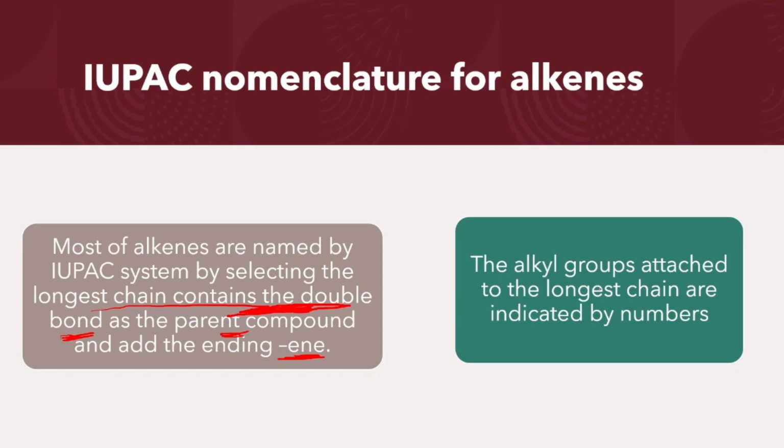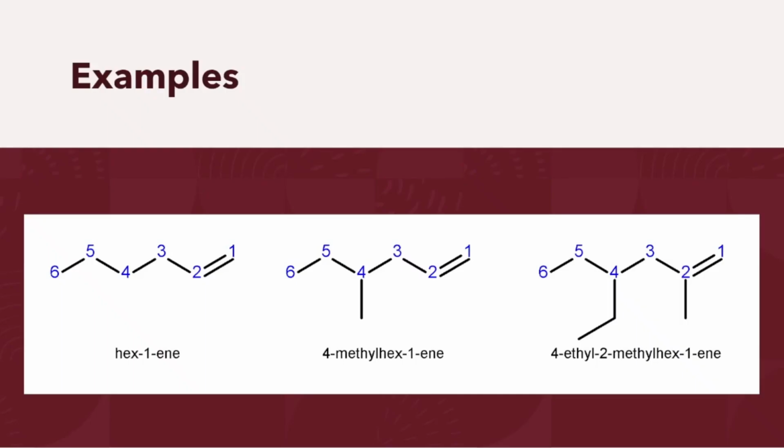Then the alkyl groups attached to the longest carbon chain which contains a double bond will be indicated by numbers. Let's have examples so we will understand how to apply the IUPAC naming rules.